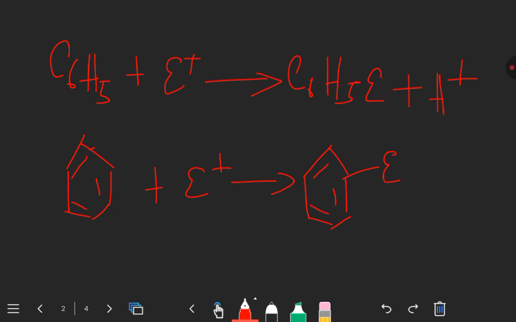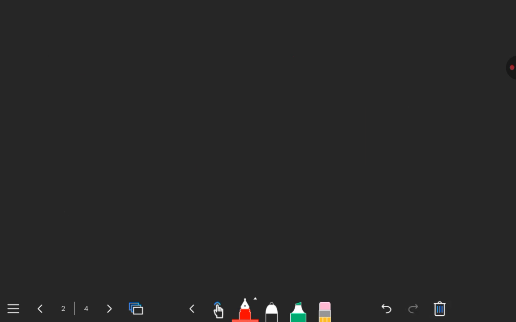Right, so let's look at now these electrophilic substitution reactions of benzene. The first one which we are going to start with will be nitration.